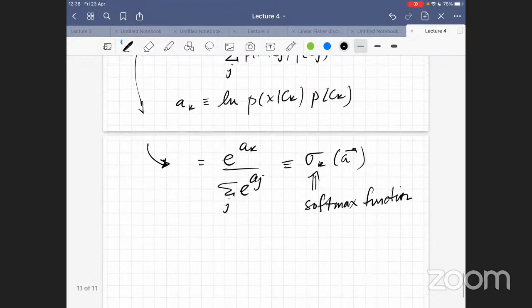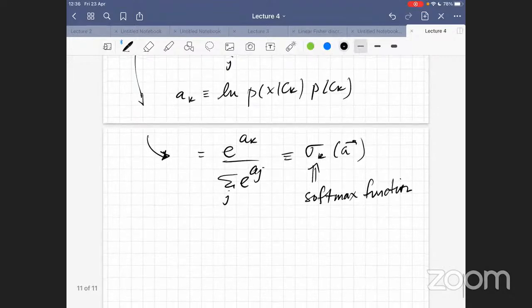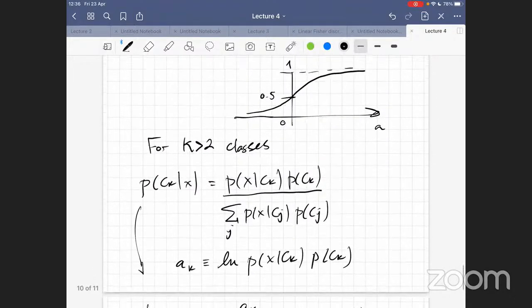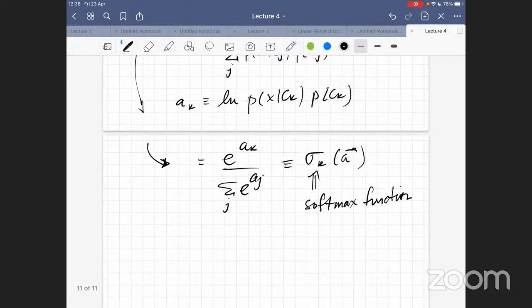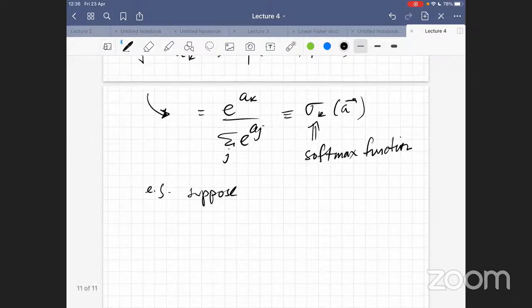Okay, so let's now put an example on that, an analytic example. So, the message I'm trying to transmit here is that for a generative approach you first need to define what are the likelihoods of your input, right? And then suppose we say that my input is continuous, and suppose it is Gaussian.